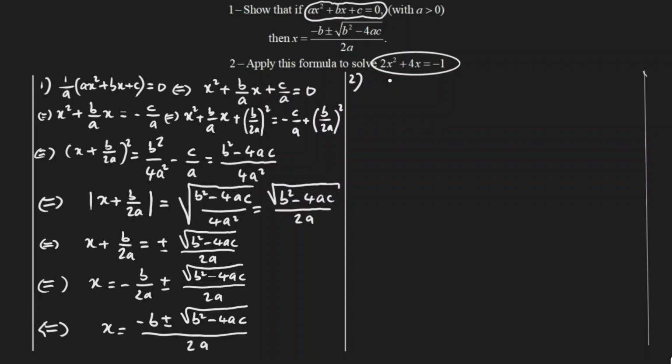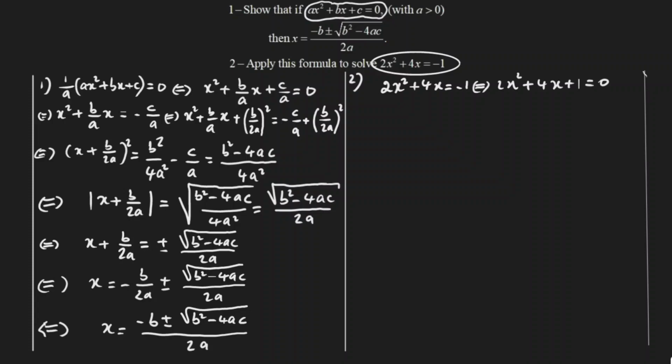So 2x squared plus 4x equal to minus 1 is equivalent to 2x squared plus 4x plus 1 equal to 0.